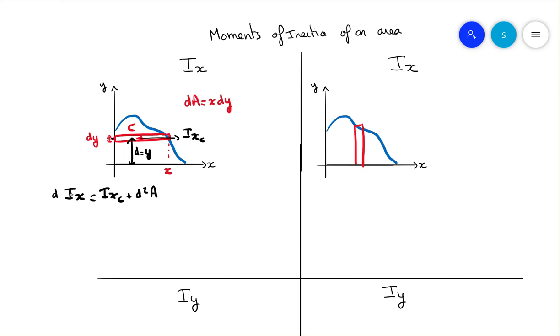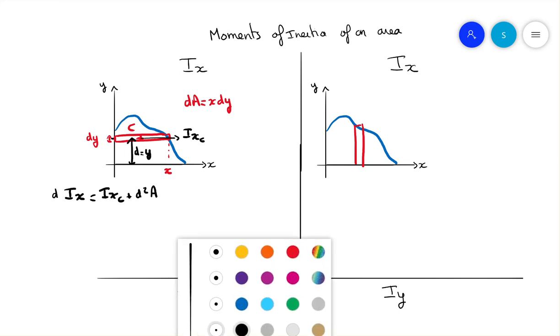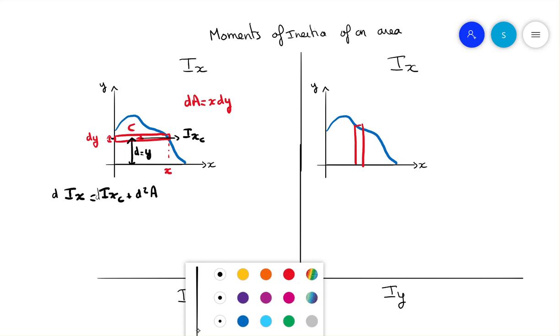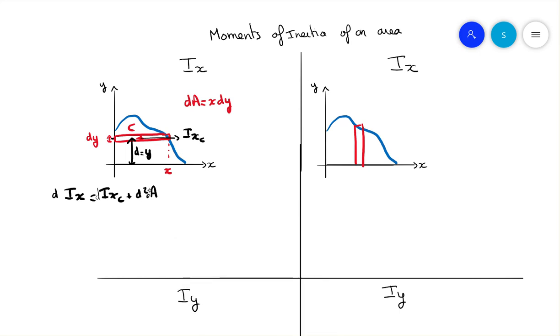So let's put d on each of them, and dA. So we have dIx, that is equal to dIc. That's 1/12 of bh cube, right? Let me write it in this direction. So I at C is equal to 1/12 of bh cube.